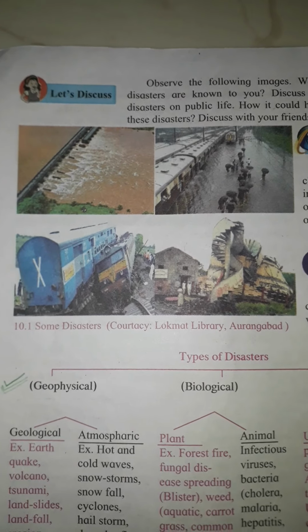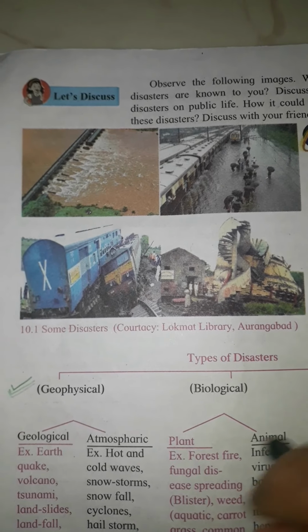So this disaster is a train accident obviously, and the effects you can write are loss of life and loss of property. In this way we have to write the effects of flood, waterlogged area and earthquake also, which I will be sending you in the form of notes.